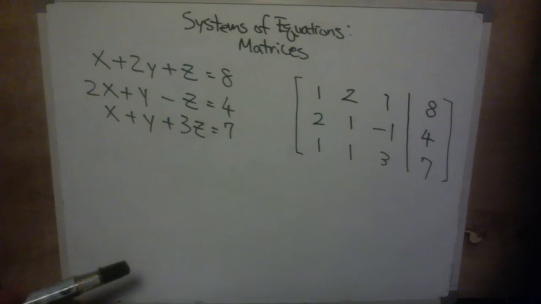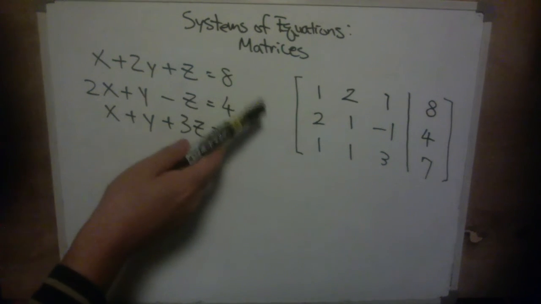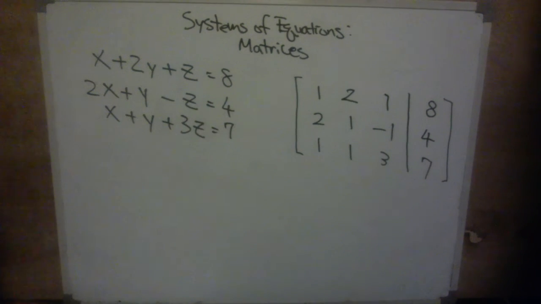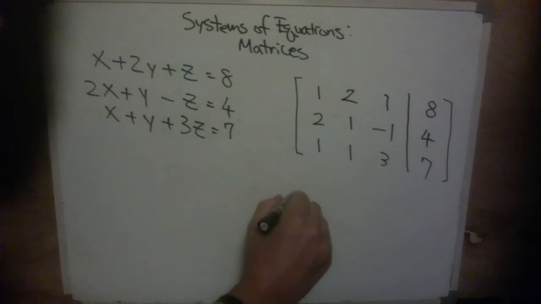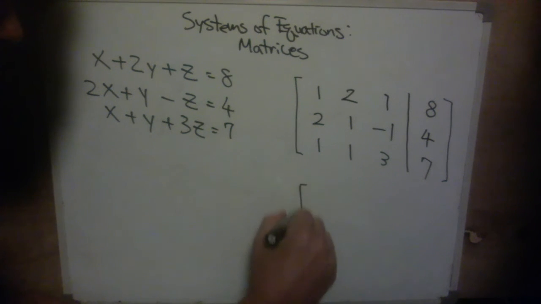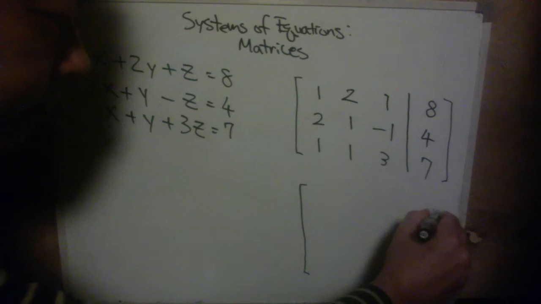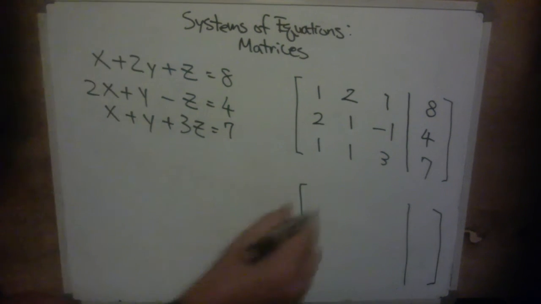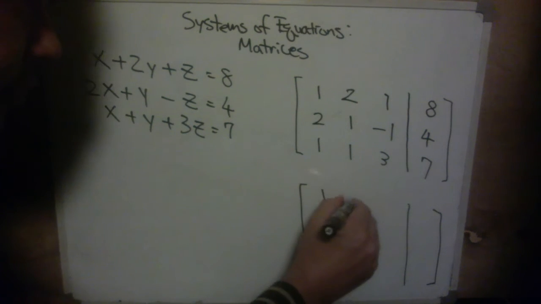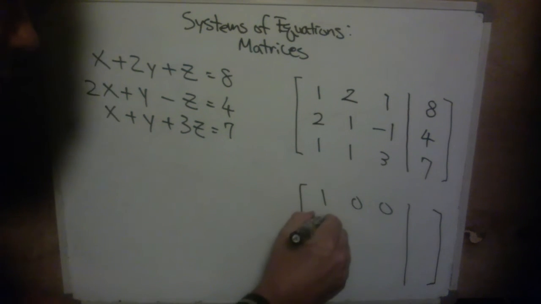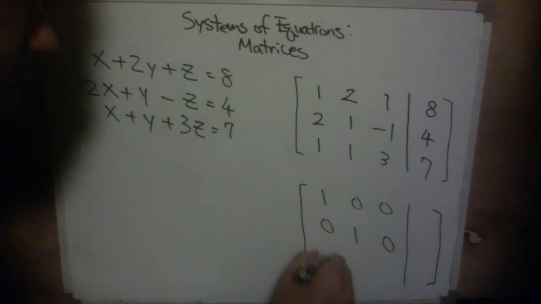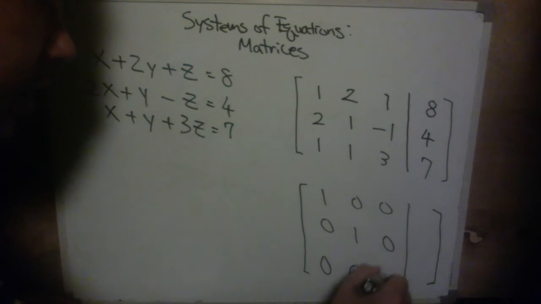Essentially, I'm going to do a bunch of so-called row operations, and I want to end up with a matrix that looks like this. I want to have 1 here, 0 here, 0 here; 0 here, 1 here, and 0 here; and 0 here, 0 here, and 1 here.